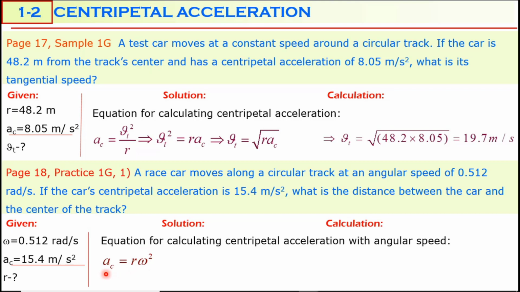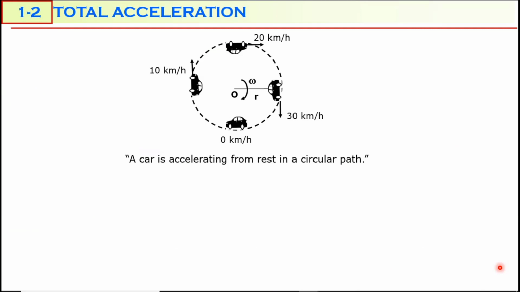To get r, divide both sides by omega squared, so r is AC divided by omega squared. AC is 15.4, omega is 0.512, squared. When you do this calculation, you get 58.7 meters.